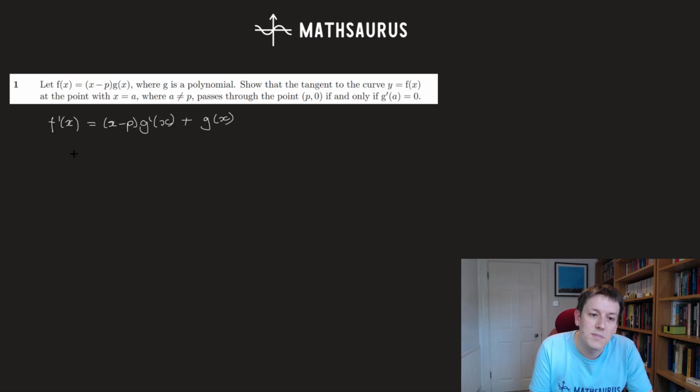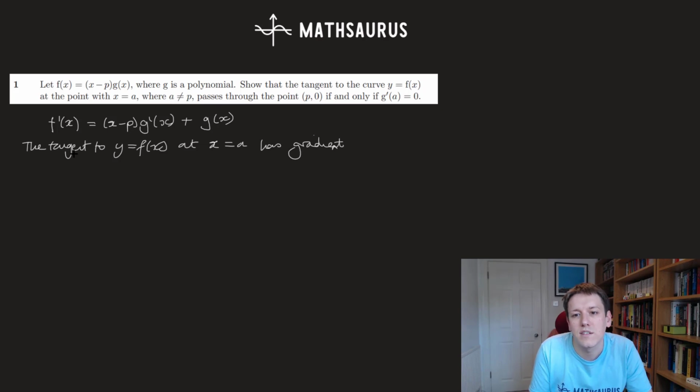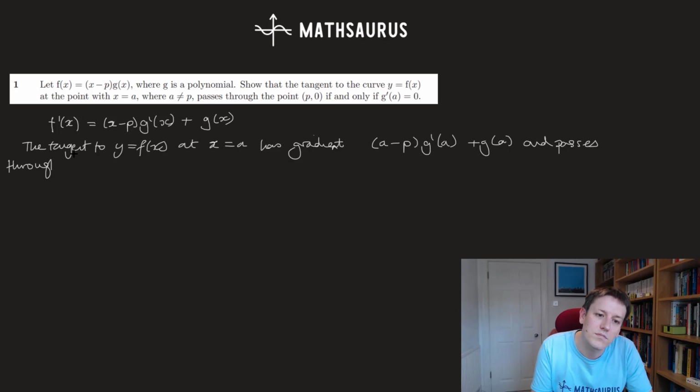Okay, so this means then that the tangent to the curve at x equals a is going to have gradient f prime of a, which is a minus p times g prime of a plus g of a, and of course it also passes through the point a, f of a.